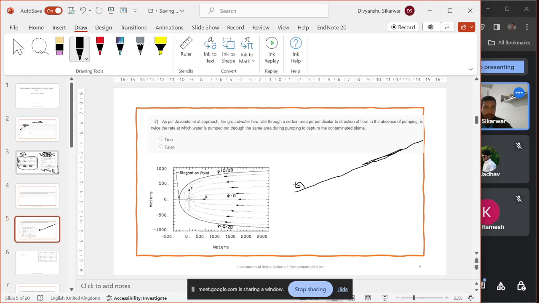This is the ground, and this is the groundwater. This is the direction of flow because of the gradient. And here we have the well.